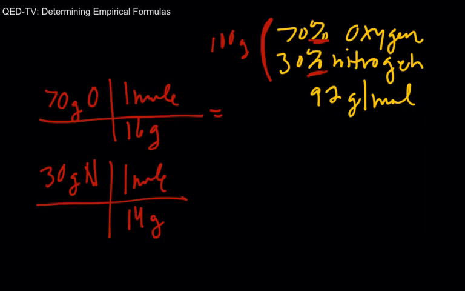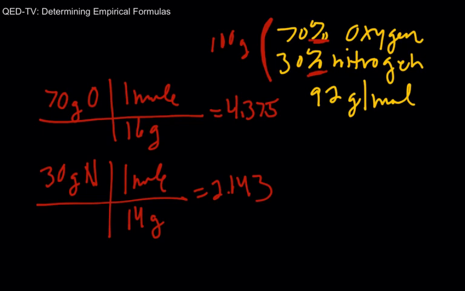So this would be 4.375 moles of oxygen, and this one would be 2.143 moles of nitrogen. You can test that out on your calculator.